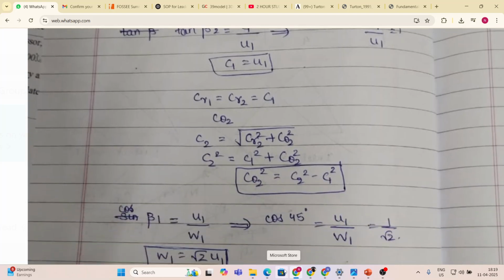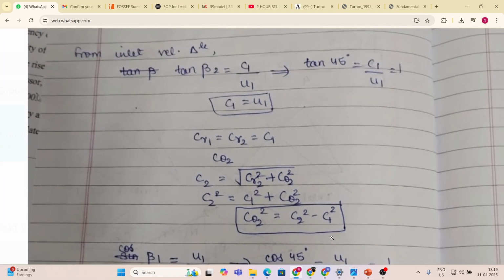C2 is the velocity made up of two components, the tangential component and the radial component. So C2 is equal to root over CR2 square plus C theta 2 square. We know CR2, but we don't know C theta 2.